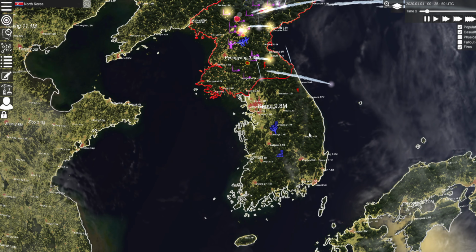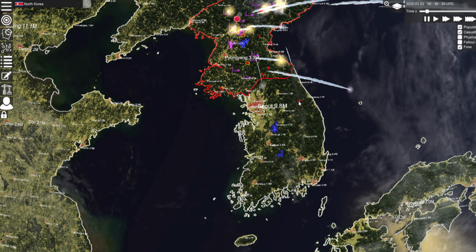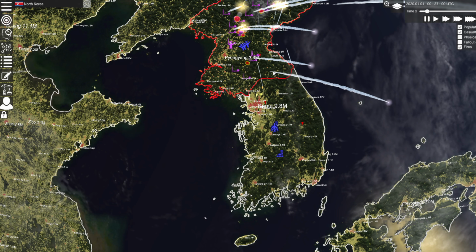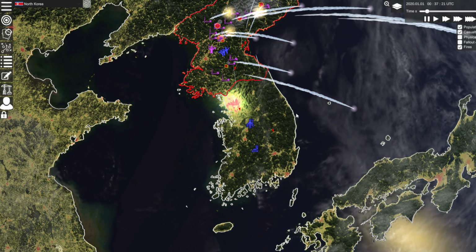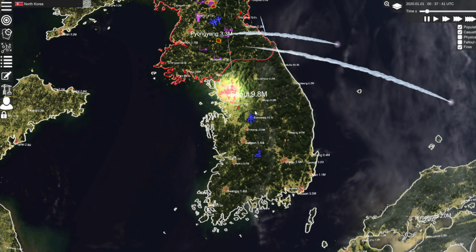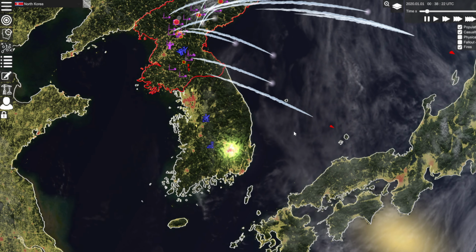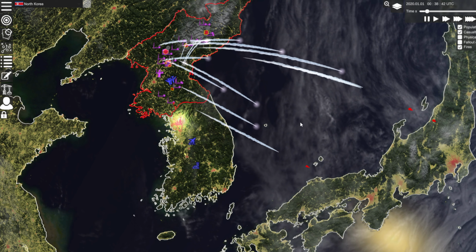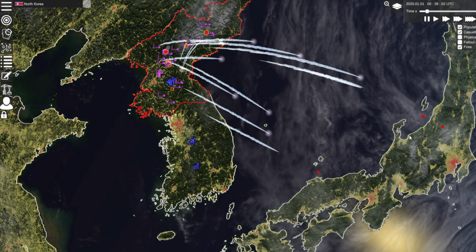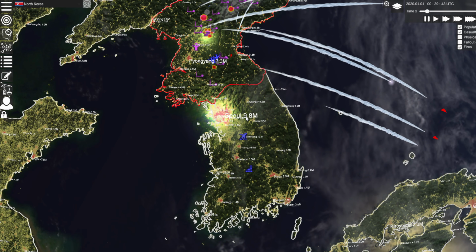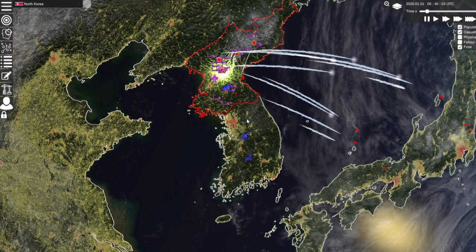And we have 1, 2, 3, 4, 5, 6 inbound to South Korea. We have strikes in Seoul. Multiple warheads now on the way to Japan. And Seoul is really taking heavy casualties.